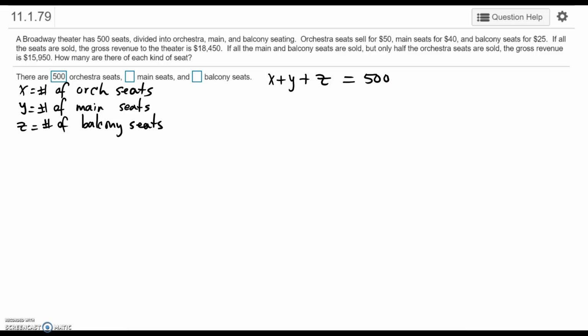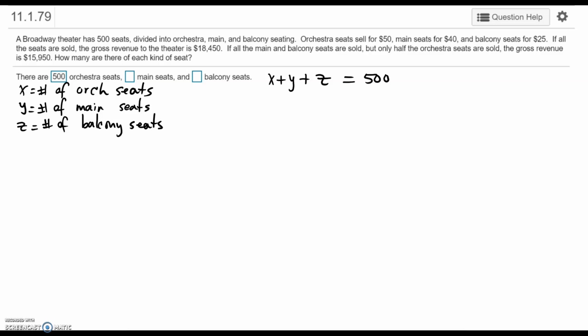The second sentence tells me that the orchestra seats sell for $50, the main seats sell for $40, and the balcony seats sell for $25. So if I multiply $50 times the number of orchestra seats, that tells me how much revenue I'll get for selling those seats.